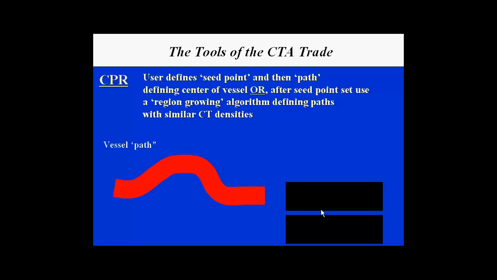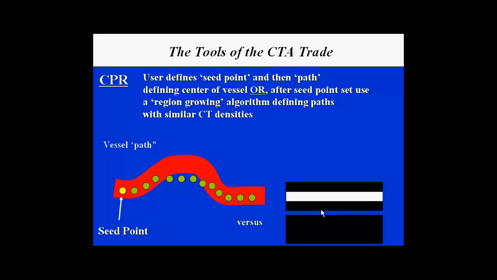So if we have a curved vessel and put forward a particular seed point, then the CPR technique can display the entire vessel along a particular line, allowing us to look at it as if it were in a single plane. The problem is that the fidelity of the seed point placement can be erroneous, and in this particular setting made by the computer, the interpretation might suggest that there is a significant stenosis in the mid portion of this otherwise normal vessel.